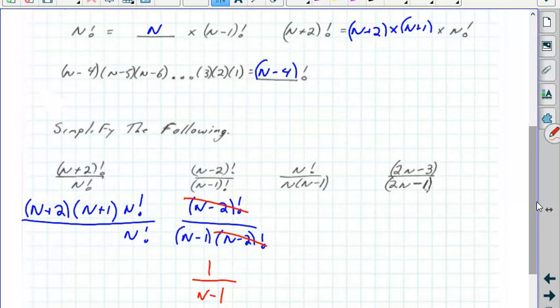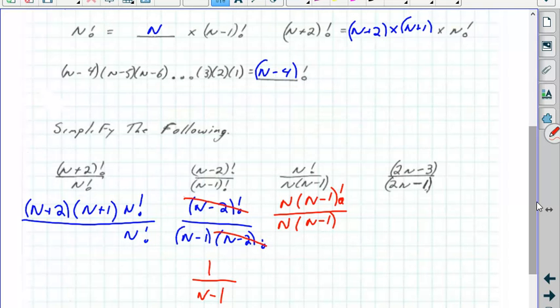So if I want to simplify this down, I'm going to expand the top. And at this point, I'm going to say, okay, I got an n minus 1 on the bottom. And if I stop here, I can cross my n's off.